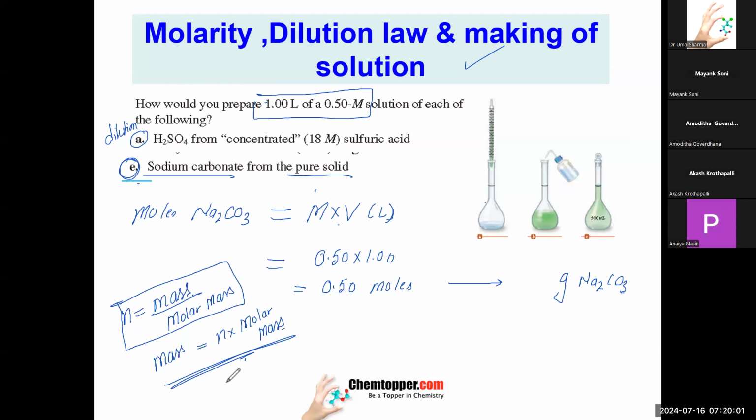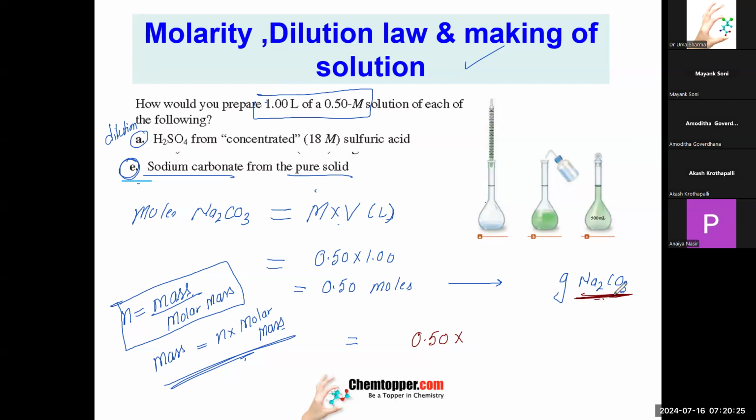But Mayank, did you calculate the molar mass? Because without molar mass, I just don't know. Did anyone calculate the molar mass? Because I'm not interested in the answer. I'm interested in the method. 0.50 multiplied by the molar mass. Is it 108? Oh no. Is it 83?